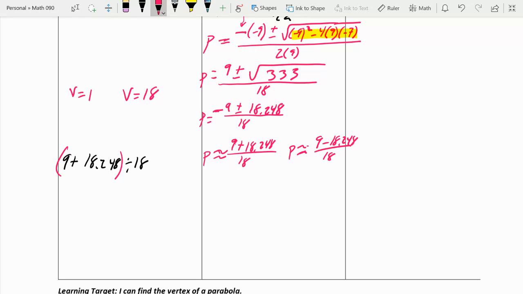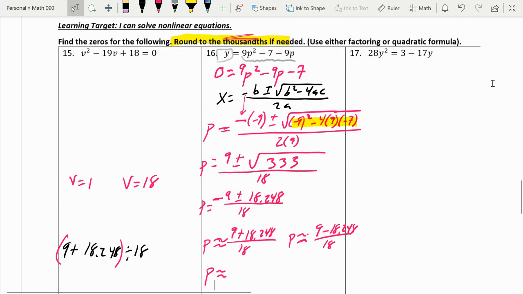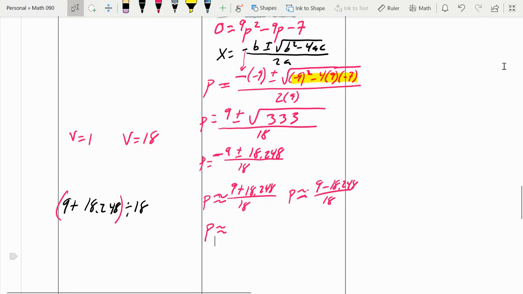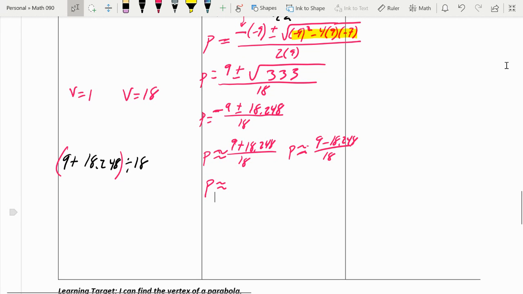Okay, so when you type all that into your calculator, p is approximately equal to 1.514, and on this side, negative 0.514.